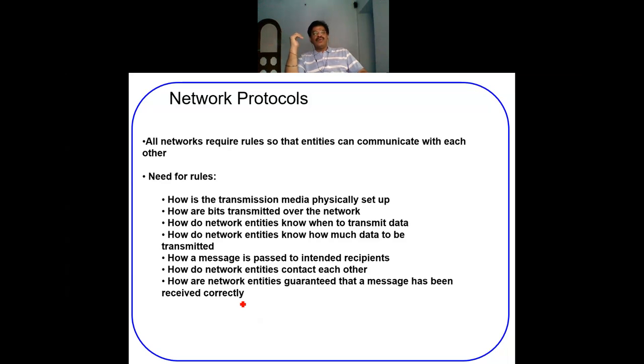Then how do network entities contact each other? What will be the in-between networking devices, hardware devices, software configurations between the two network entities, and the network entities which guarantee that the message is properly received and retrieved correctly by the other subscriber.